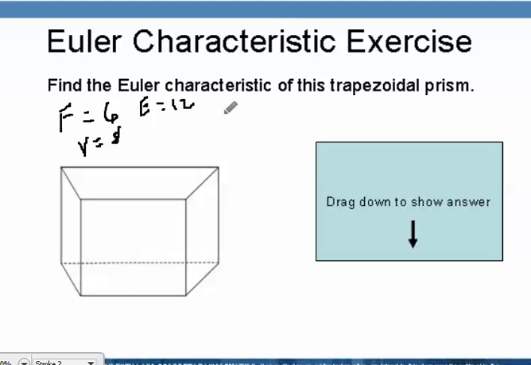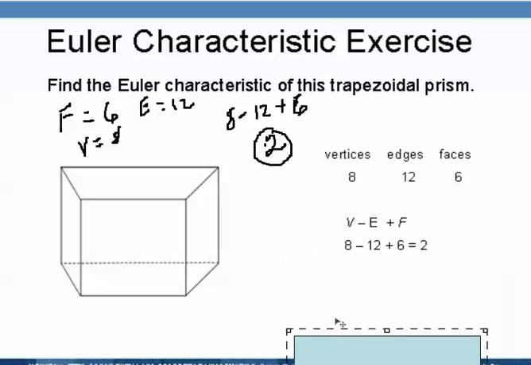V minus E plus F: 8 minus 12 plus 6. Well, 8 minus 12 is minus 4, plus 6 is 2. We got 2.